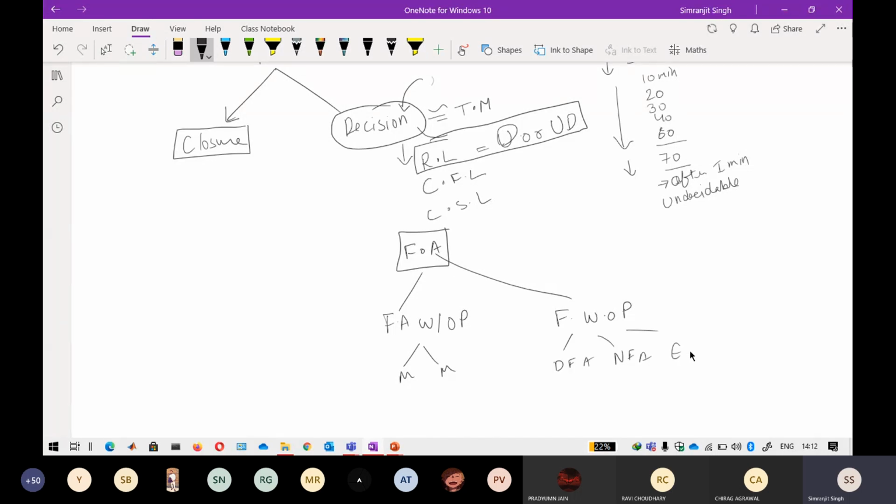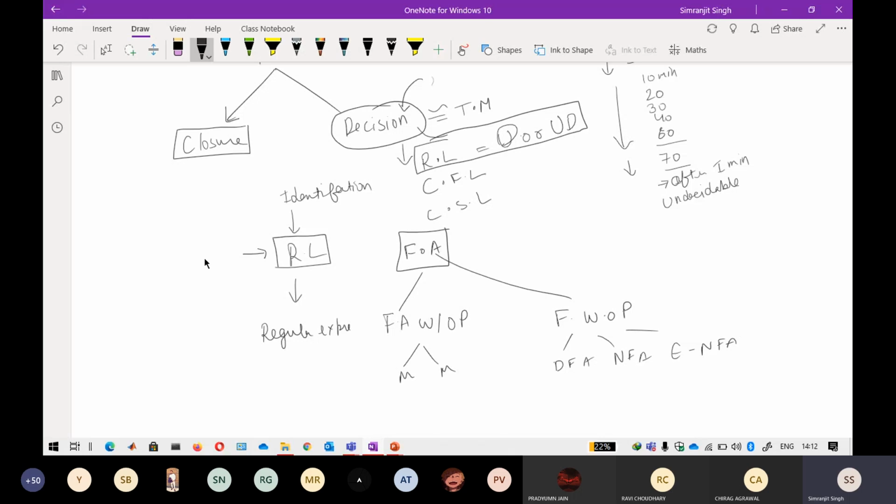After this part, we have done the representer of a regular language, that is your regular expression, and all the procedures related to it. Another part we have done is the identification of regular languages. So that part we have covered till here.